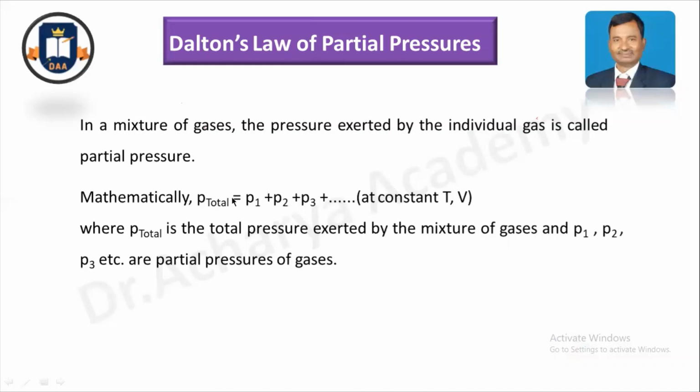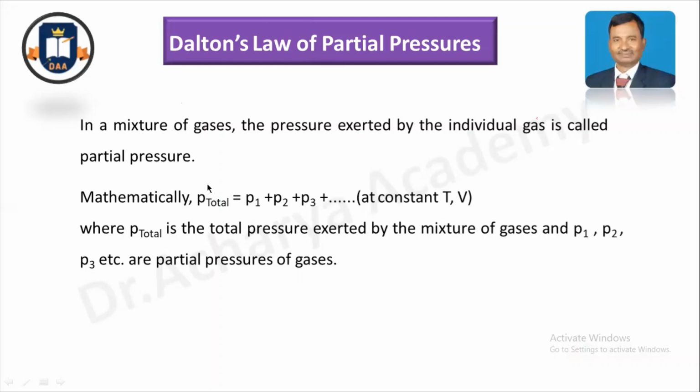The equation is P total, where P means pressure and total means the total of the partial pressures of the gases. It is equal to P1 plus P2 plus P3 and so on, at constant temperature and volume. This we have to mention always.